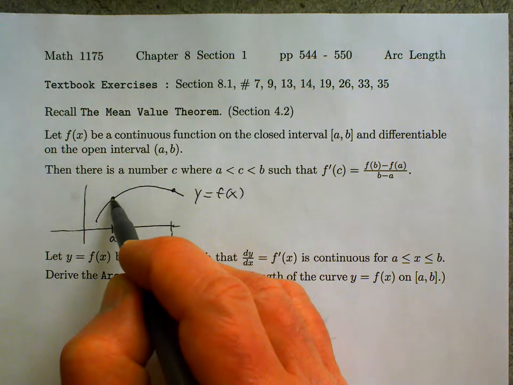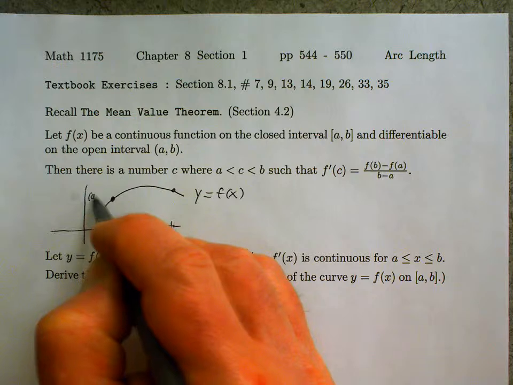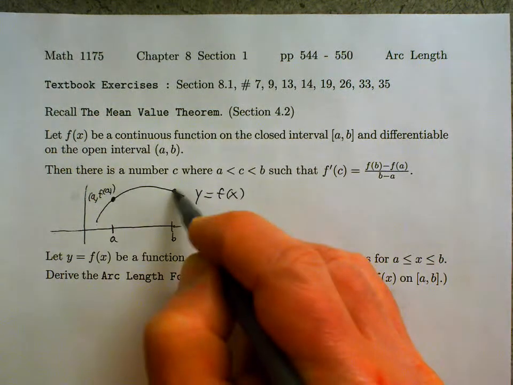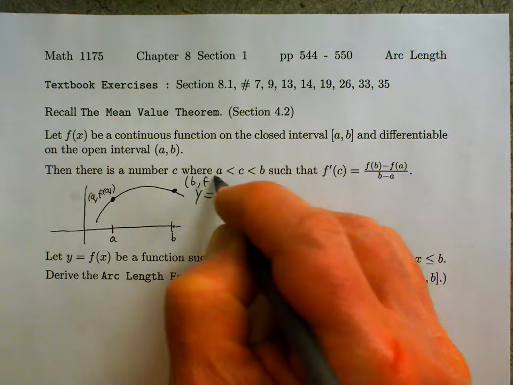The ordered pair for the point on the left is a, f of a, and the ordered pair for the point on the right is b, f of b.